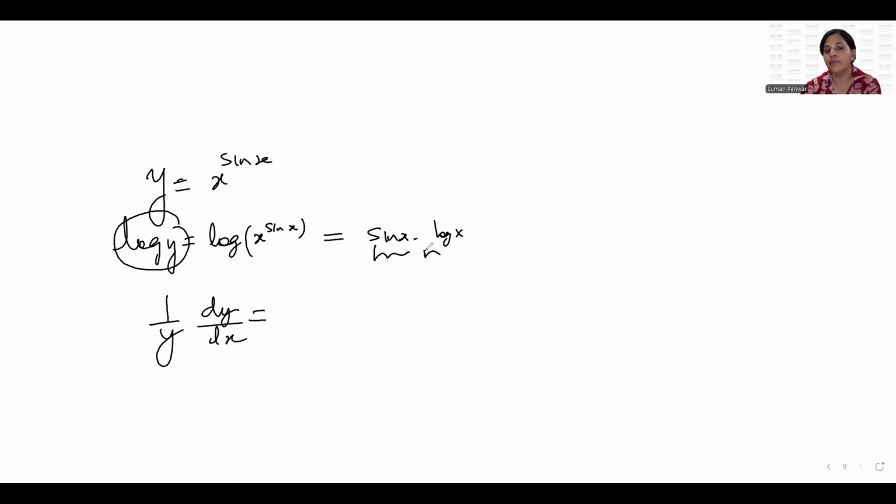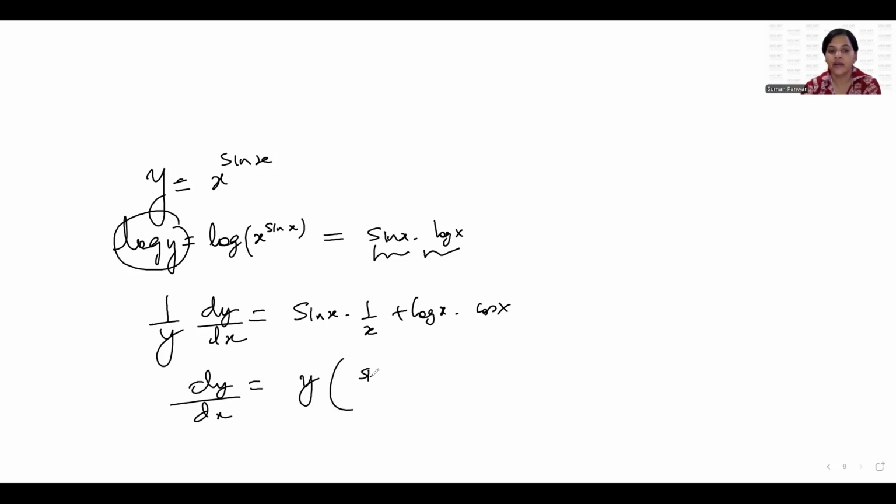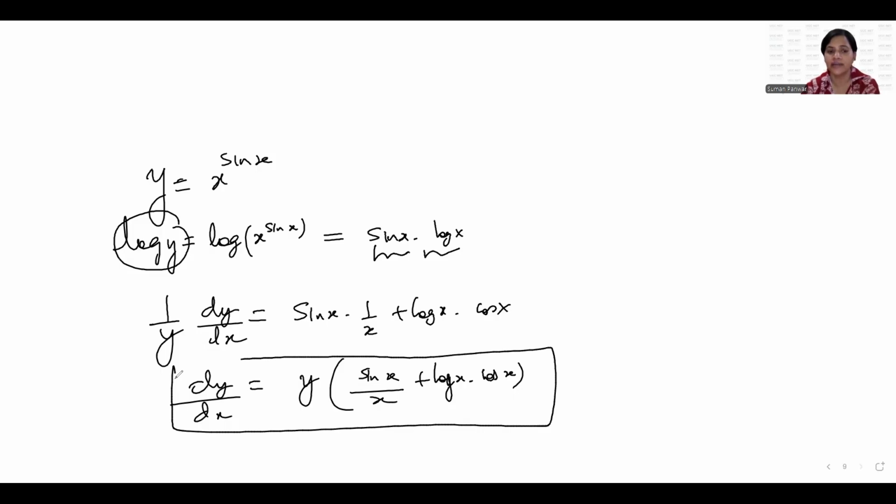Then we will apply the product rule on the right hand side: sine x into derivative of log x plus log x into derivative of sine x. So finally dy by dx will simplify to be y times sine x upon x plus log x into cos x. So this is the concept of derivative of a function in terms of logarithms. We are doing logarithmic differentiation.